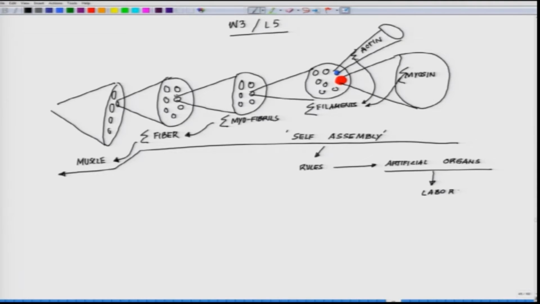But in order to do so, or you can call it in vitro, outside the system self-assembly.